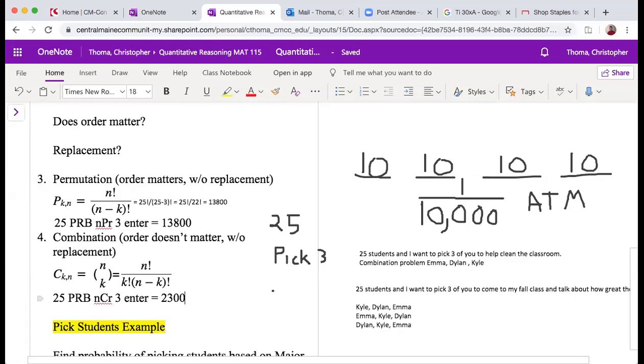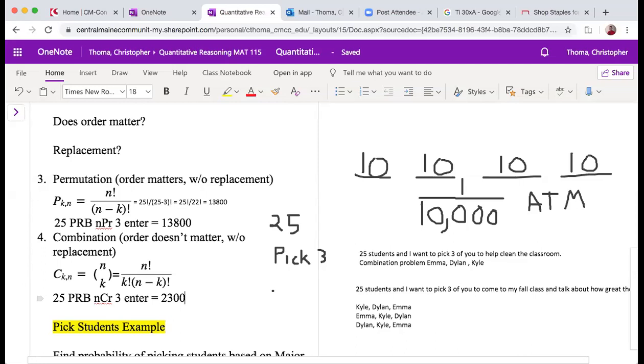So I don't expect any of you to do these formulas by hand. We should just use the function key that's built onto your calculator, and you still have to know which one to pick to do the right formula, right? I have to know if it's a permutation problem, where order matters inside of the outcome, or a combination problem, where order does not. Typically, a permutation problem is anything that's ranked.